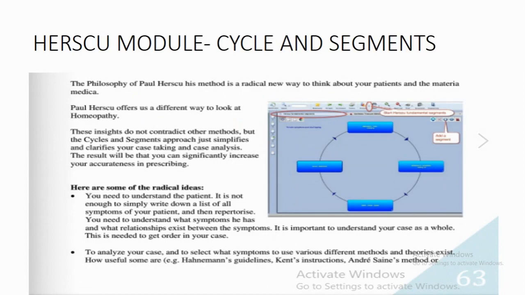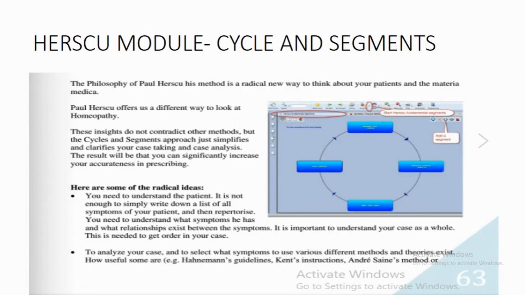Then anger and violence may lead to some complaints, say gastric ailments, or pain in the cardiac region. Every time the patient presents with anger, he develops pain in the precordial region or symptoms like that. He noticed these cycles and developed a module according to that.